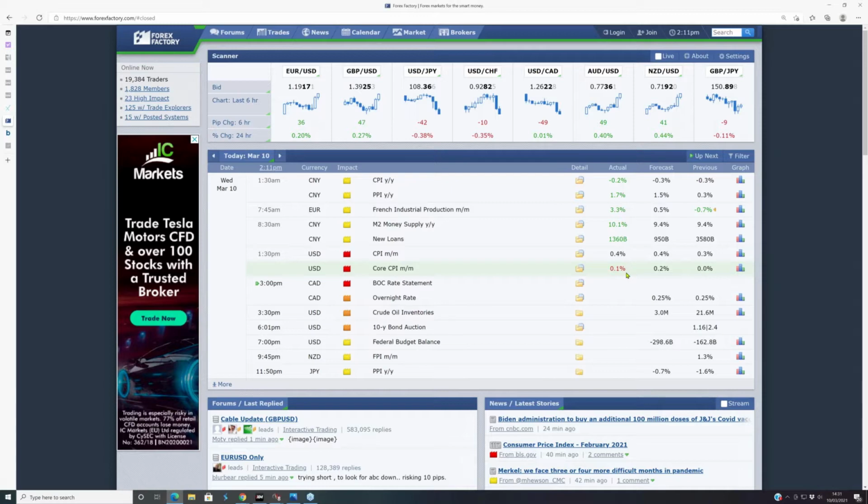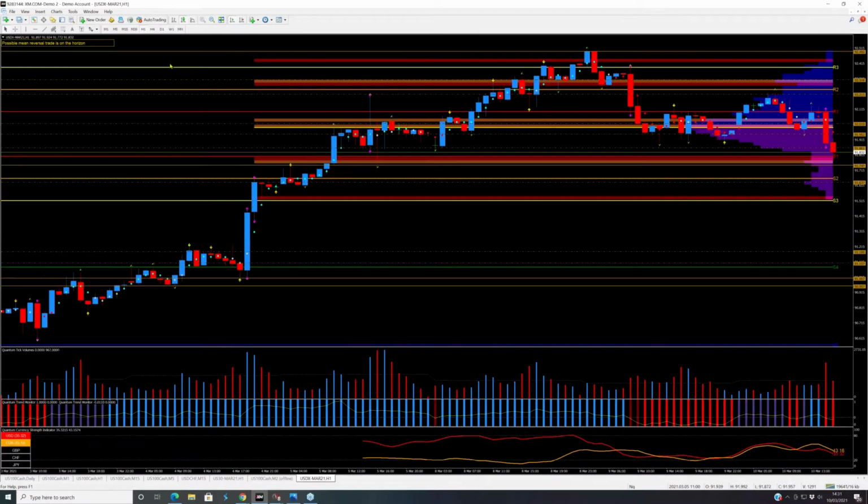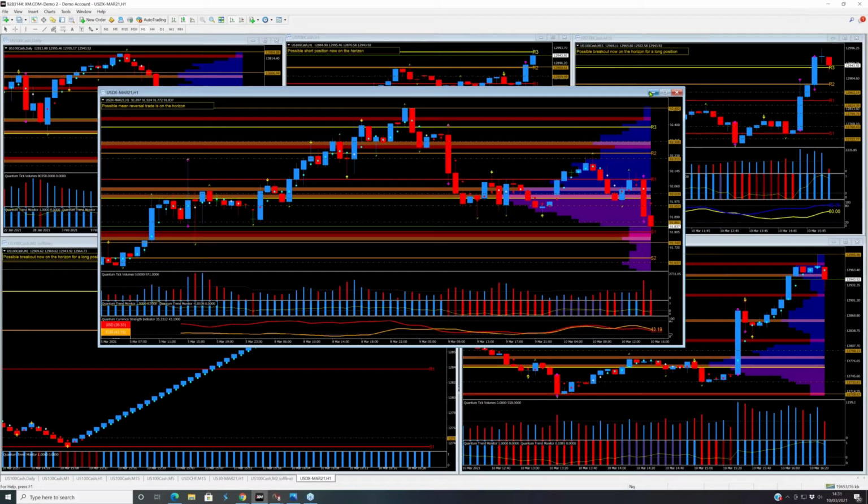This is core CPI. So the narrative is, yeah, bond yields are going up because they're worried about inflation. Commodity prices are going up. We've got this huge stimulus package that is going to come from the government in the States.